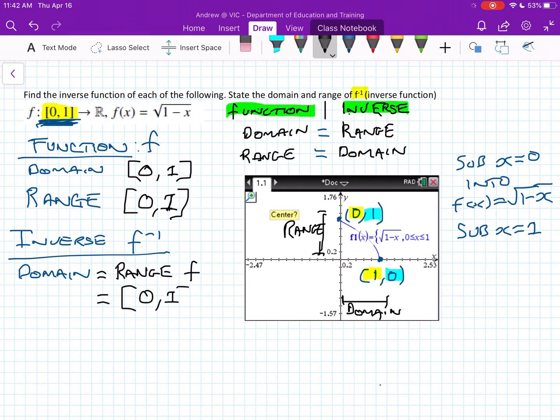This question's pretty hard to stuff up really because they're both 0 to 1. So, and our range of our inverse, this is equal to the domain and this here is also 0 to 1.